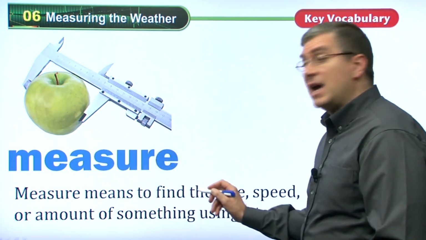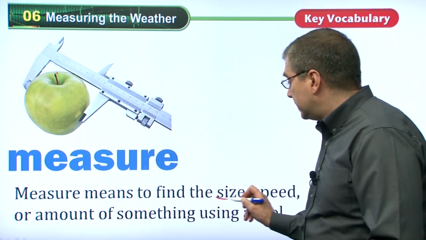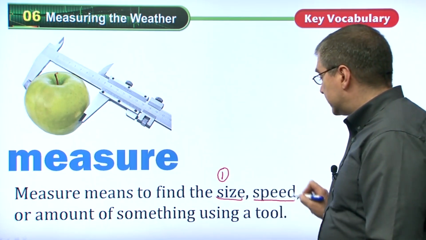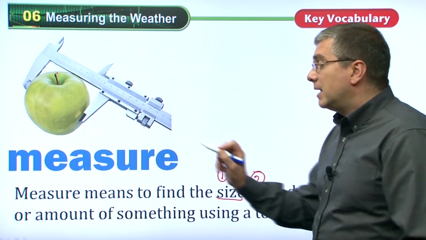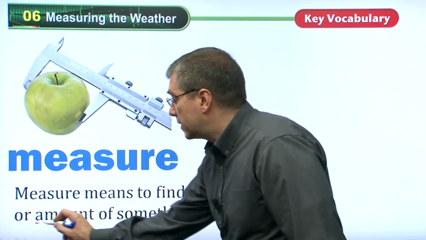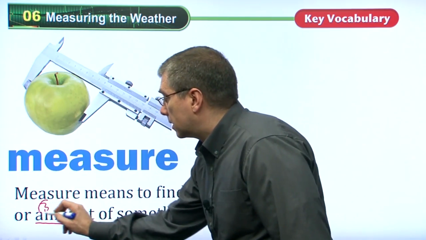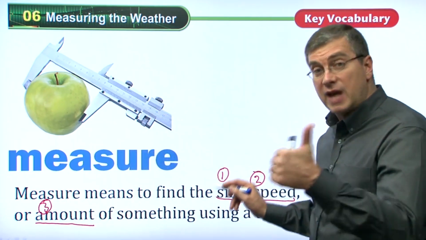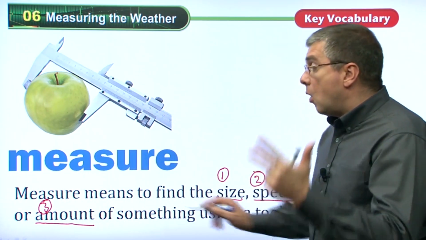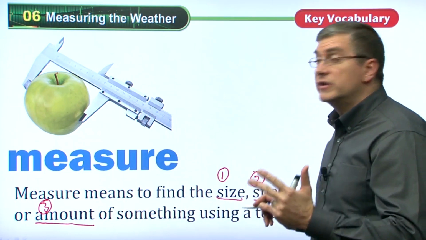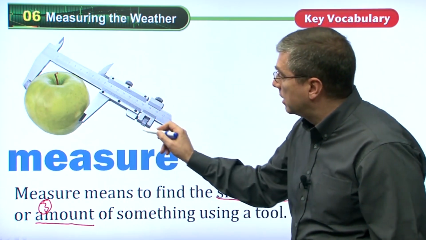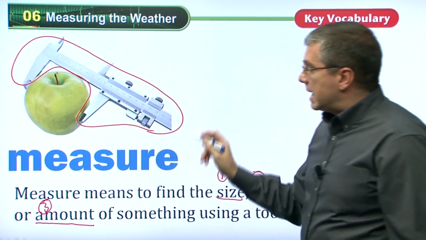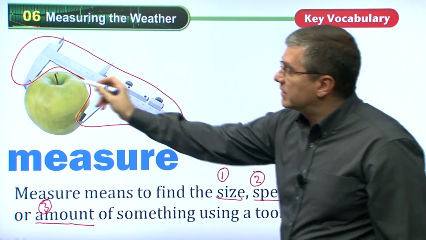Measure means to find the size, the speed, or the amount of something using a tool. And this thing right here is a tool. What is this tool doing? It's measuring the size of the apple.